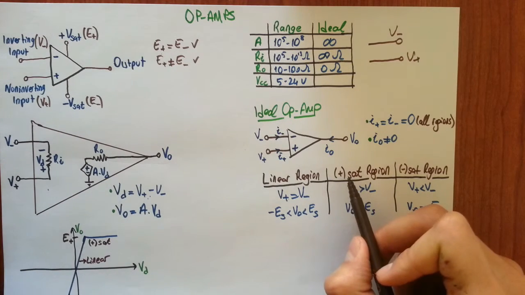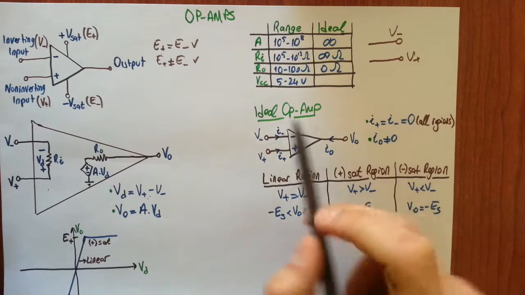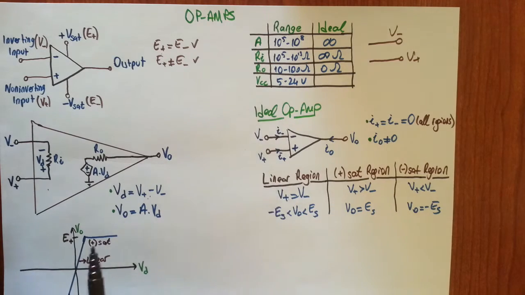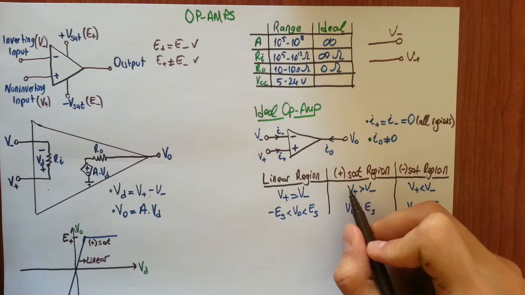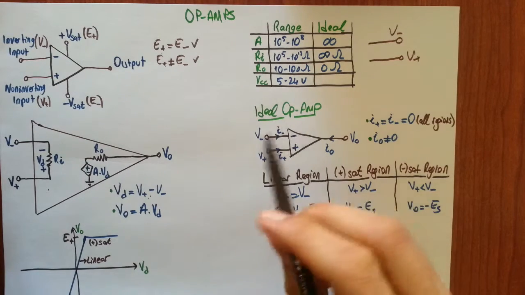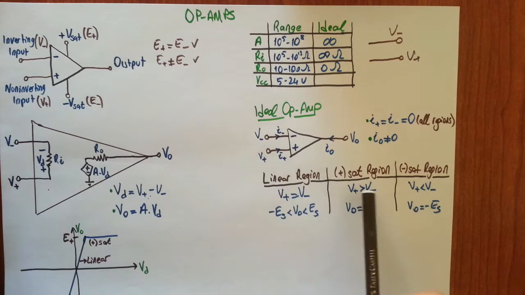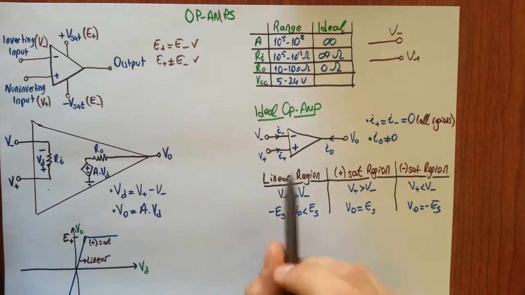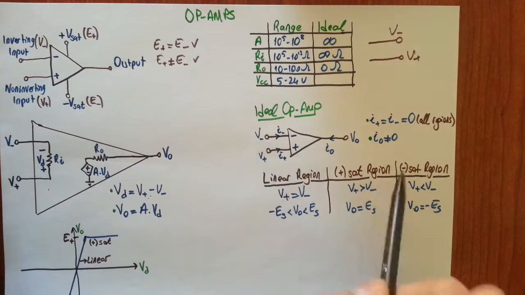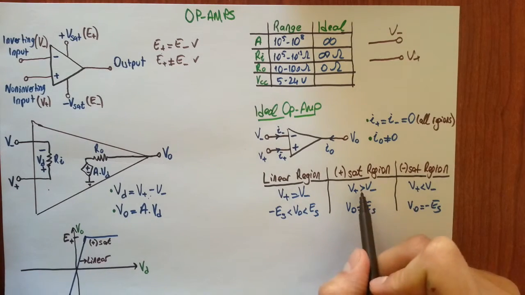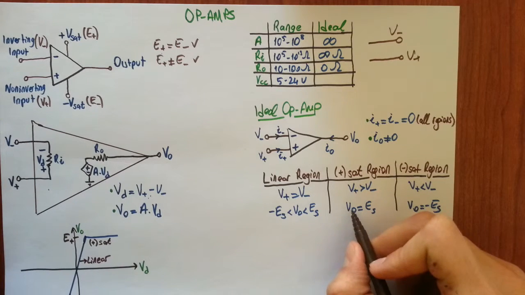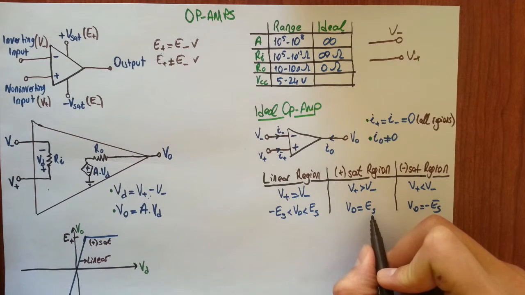If the op-amp is in plus saturation region, and if it is an ideal one, voltage of the positive terminal or non-inverting terminal is bigger than voltage of the negative terminal or inverting terminal. And output voltage is equal to plus saturation voltage, which is ES.